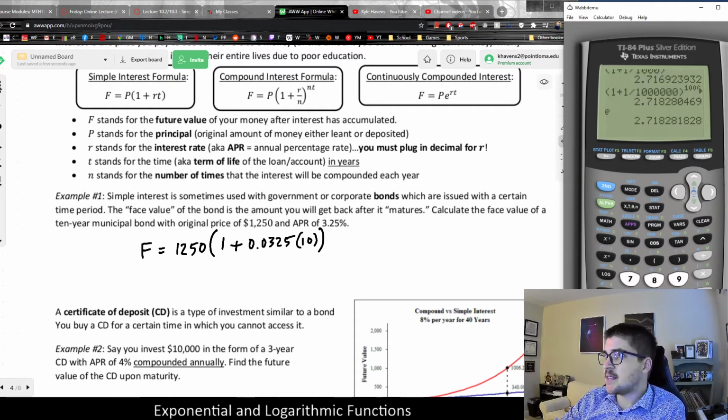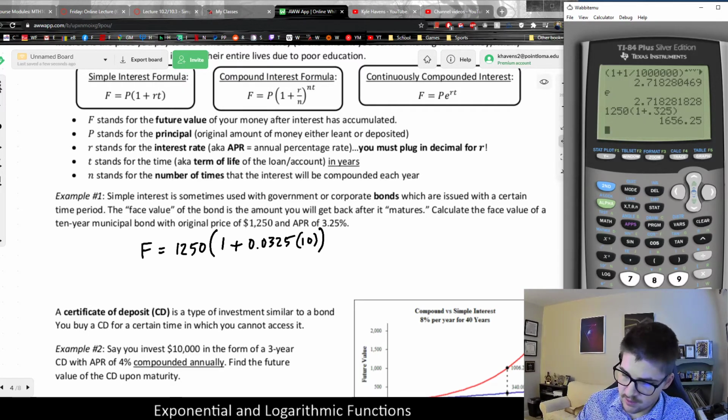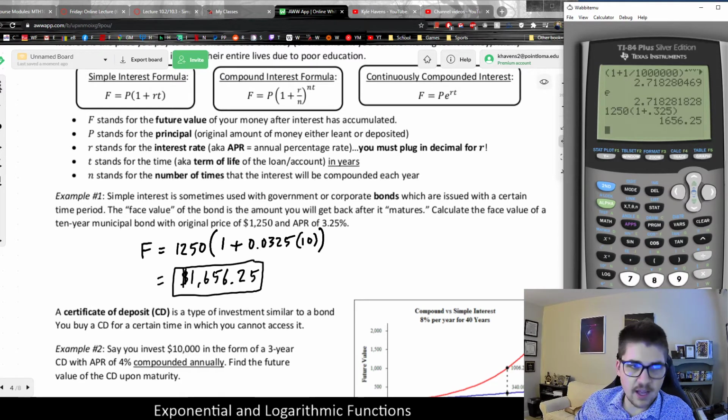But anyways, at the end of the day, I could just toss this all into my calculator to see what I will get. And basically the future value of this particular municipal bond will be $1,656.25. So basically after 10 years, I will have that much more money after all is said and done.